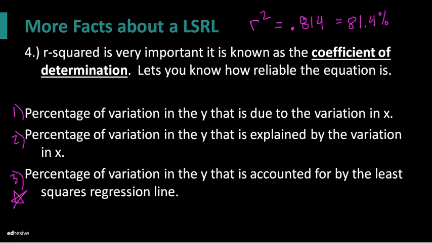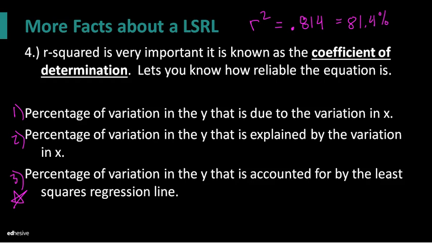You have to understand that when we build this line, we account for the idea that there is some variation, right? Not every point perfectly fits the line. So r squared actually puts a percent value to what percent of the variation is actually because of your line. And we're going to talk a little bit more about this in a couple more slides, but this is a really important value that tells us how reliable our line is.